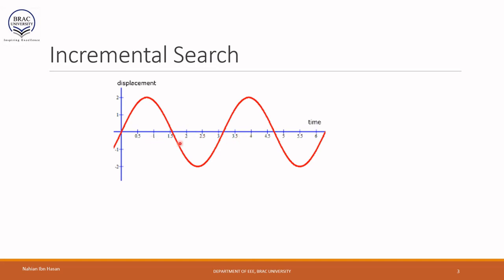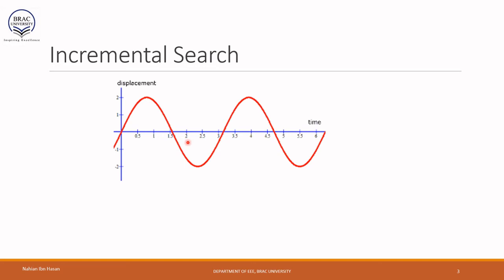If we take the boundaries 1 and 2, we will be sure that there is a root within these boundaries. But that is not an automatic approach. We need to find a completely automatic approach which can be implemented in our codes. So that's where the incremental search comes into play.